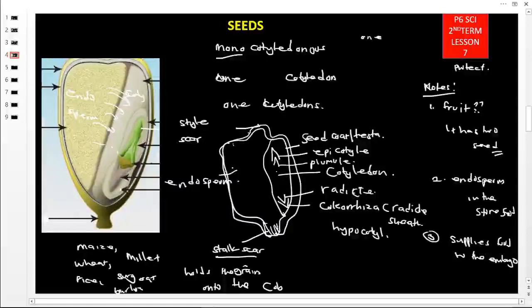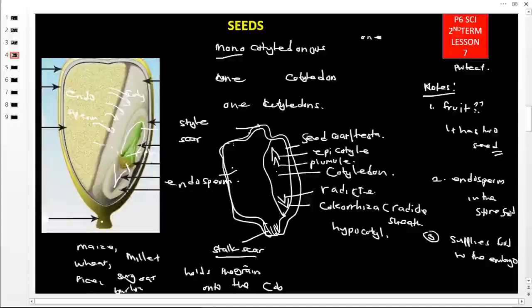Down here is what we call the coleorhiza or the hypocotyl. Then this one is the radicle and this one is the plumule.